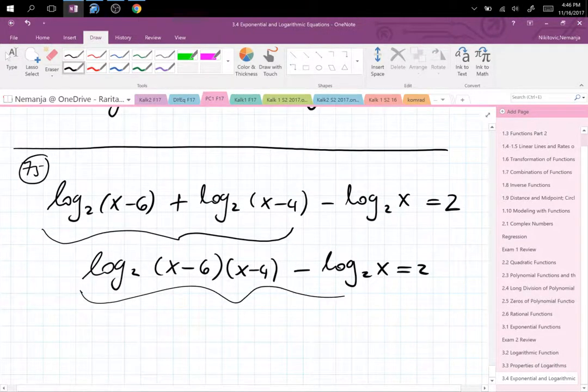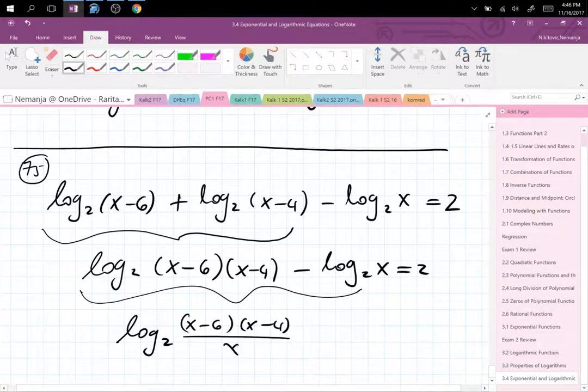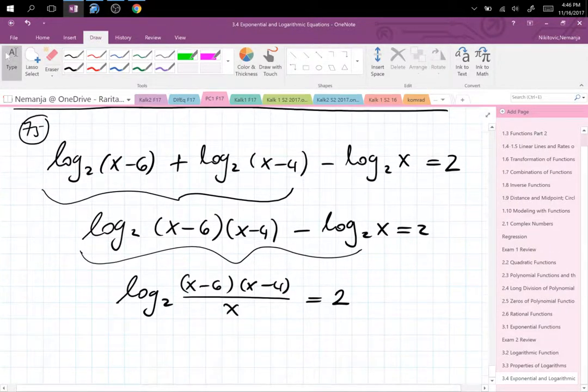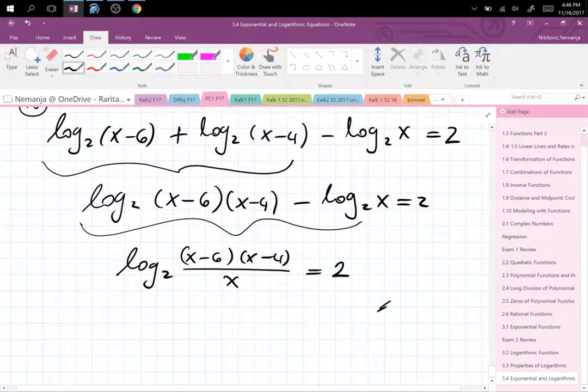Now these will compress further and we'll have a division introduced. So it's x minus 6, x minus 4 divided by x equals 2. And we can finally do the conversion.